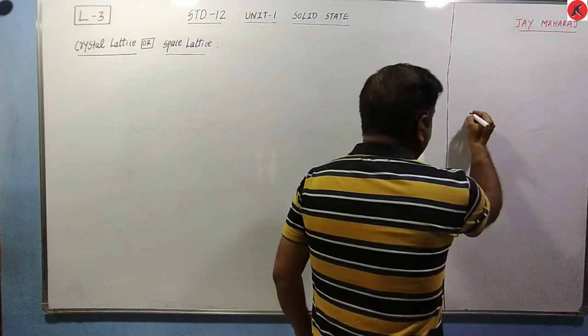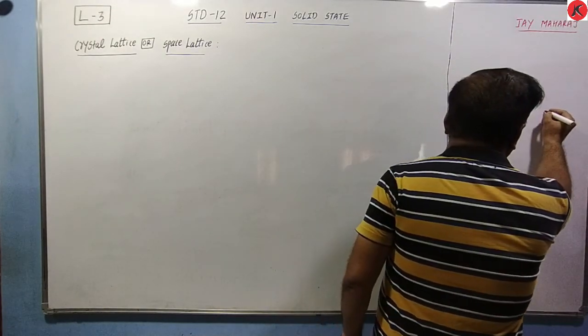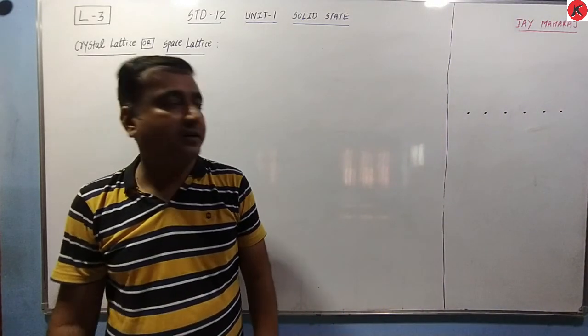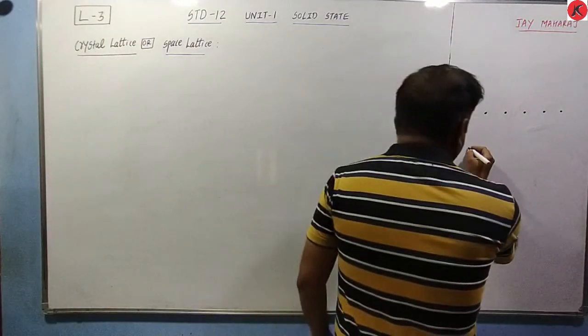Suppose like this. This is arrangement of particles in one dimension. Like this.